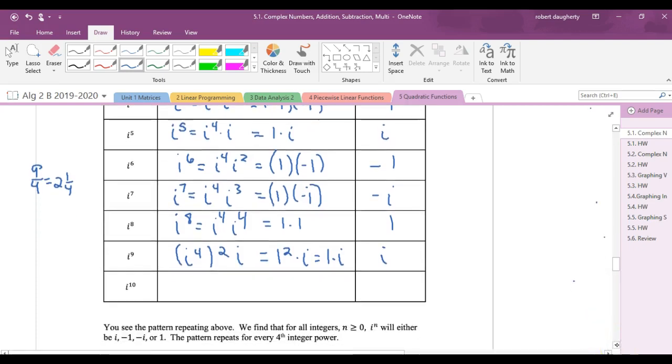Let's look at I to the 10th, okay? This is what? If I organize it as 4, that's I to the 4th times I to the 4th. How many is that? That's 8. How many more do I need? Yeah. So what's I to the 4th? 1. This is 1 times what is I squared? I squared is negative 1. So that's just negative 1, okay? Please don't ever miss I squared being negative 1.